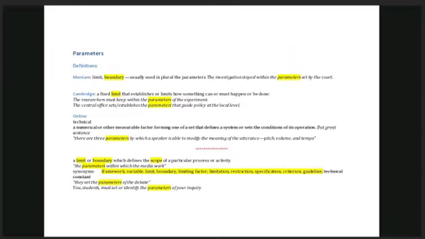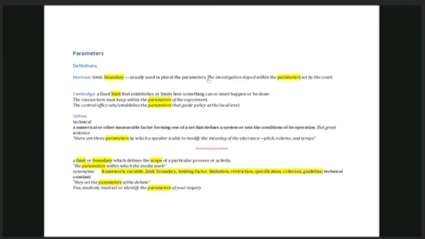Here are some definitions. I haven't come up with them, I've been able to find them all over the place. I've got a definition from the Merriam-Webster Dictionary, the Cambridge one, a couple of online ones, and so on. So look at the Merriam-Webster Dictionary. Those of you who've said limits and boundaries are correct. Well done, everyone.